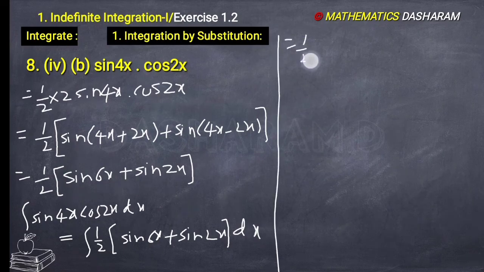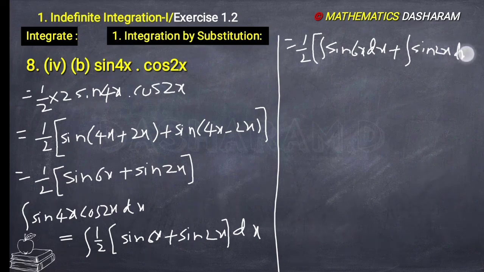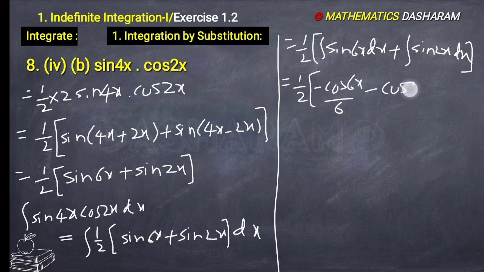So 1 by 2 bracket of integration sin 6x dx plus integration sin 2x dx. So then 1 by 2 bracket of integration of sin 6x is minus cos 6x by 6, and here minus cos 2x by 2 plus c.